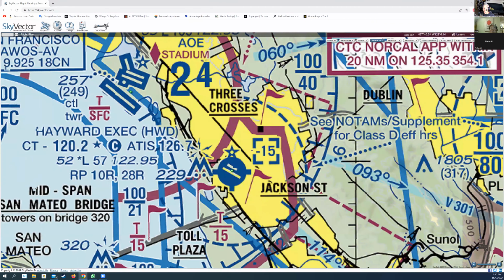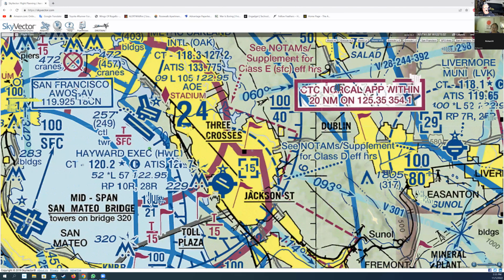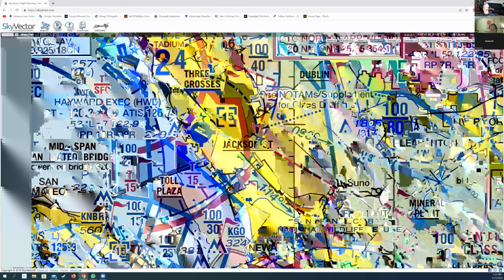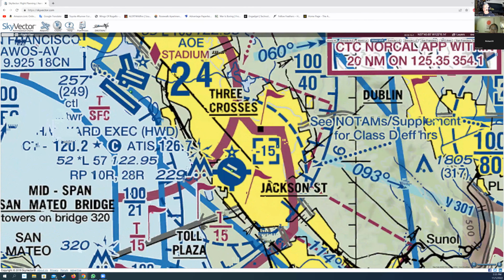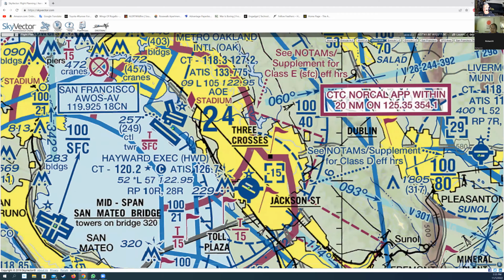Okay, now we talked about the bottom of the Delta airspace of Hayward Executive, which is minus 15. So above that, there must be another type of airspace, right? Now you have this T and 15, and I just told you a Class C airspace is surrounded by a magenta ring, right? So you see this?